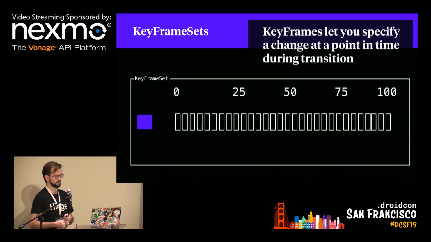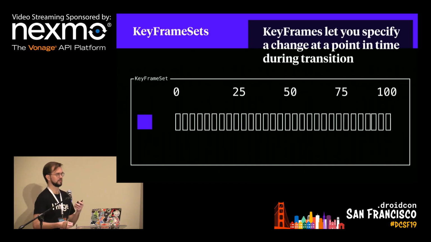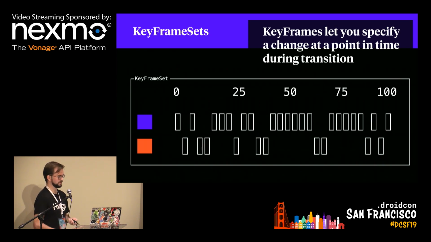And it more or less works like this, where for any given view, you can specify keyframes. MotionLayout's progress goes from 0 to 1 as a floating point. Keyframes go from 0 to 100, and they just map accordingly. So the 75th keyframe maps to 0.75 progress. You can also have different keyframes for different views.